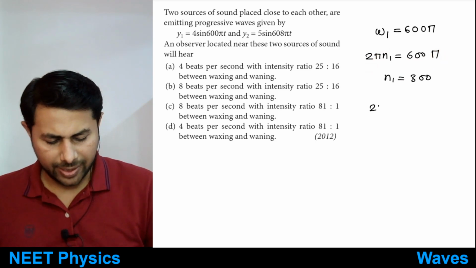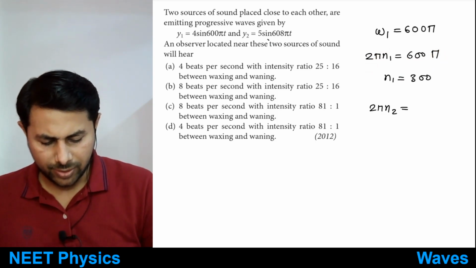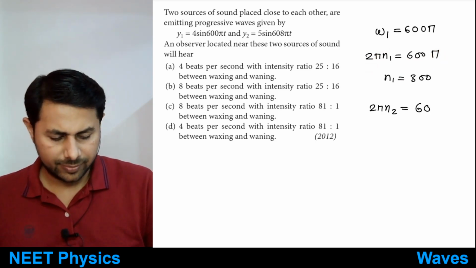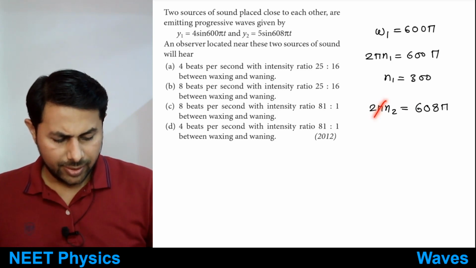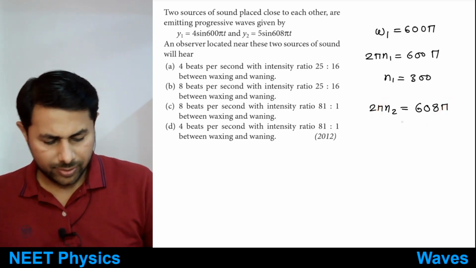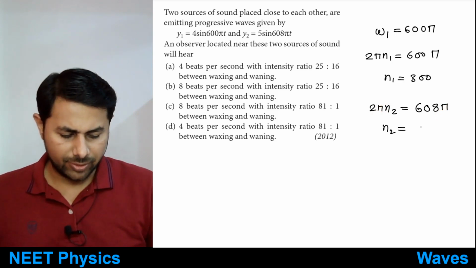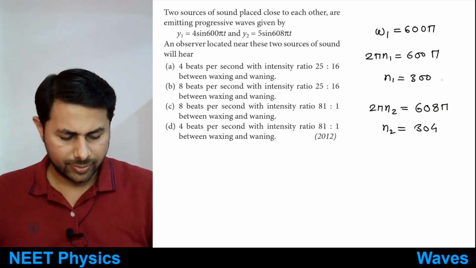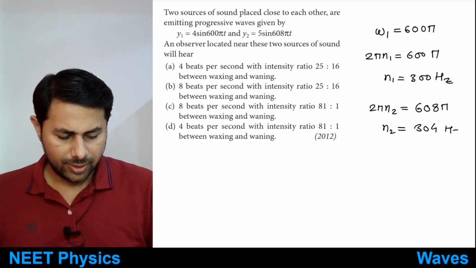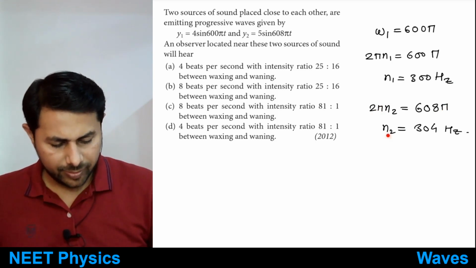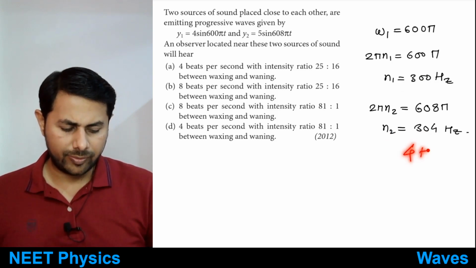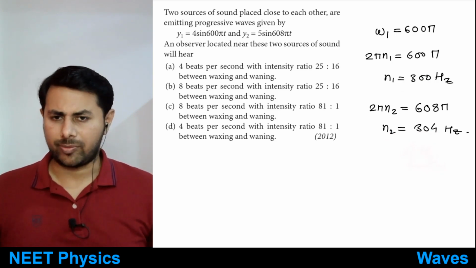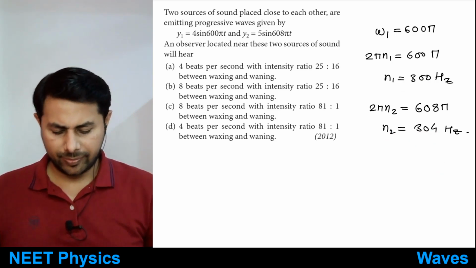We have 2 pi n2 is equal to 608 pi. Therefore n2 is equal to 608 by 2, so 304 hertz. So how many beats are formed? That is the difference between the frequencies of these two, so 4 hertz. 4 beats are formed.